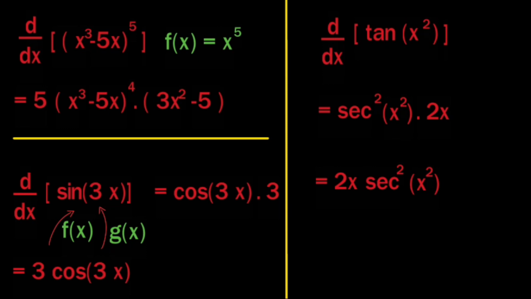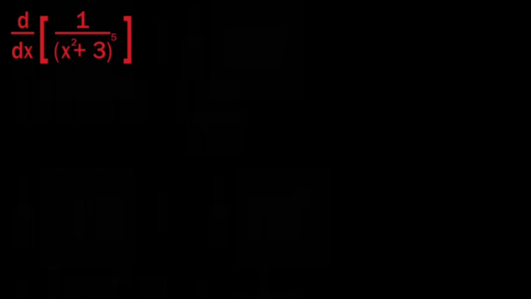Let's try more examples so that you have a better understanding of the chain rule. Let's say we want to differentiate 1 over (x squared plus 3) to the power of 5. The first thing we want to do is bring the denominator to the numerator, so that it becomes (x squared plus 3) to the power of negative 5.